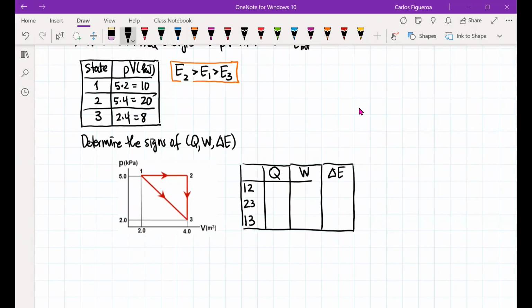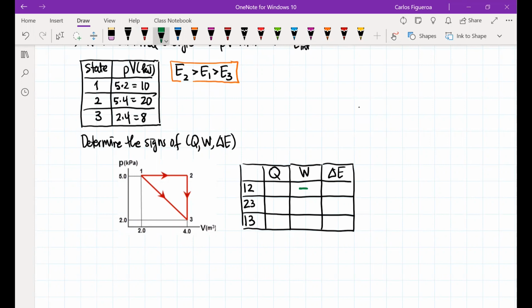Now remember, we did a lot of this already in example 2.2. So what do I expect? If I go from 1 to 2, I'm going to keep constant pressure. So the work done by the gas has to be negative, because in order for the gas to expand, it has to give up energy to the piston.